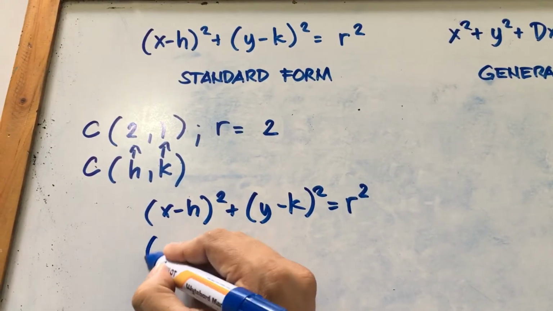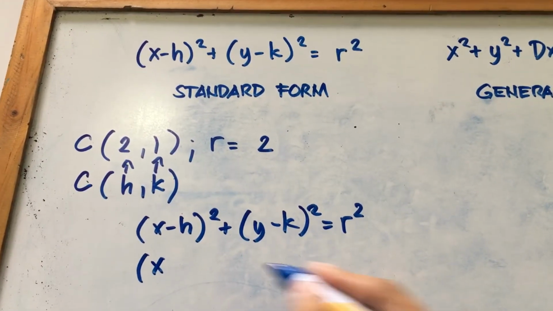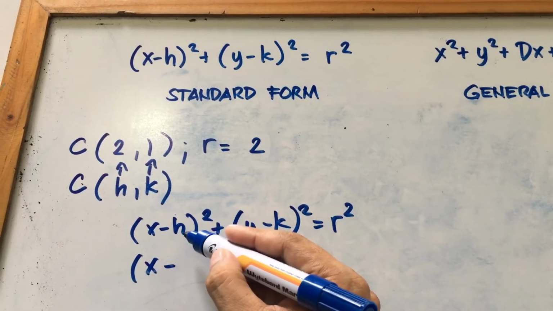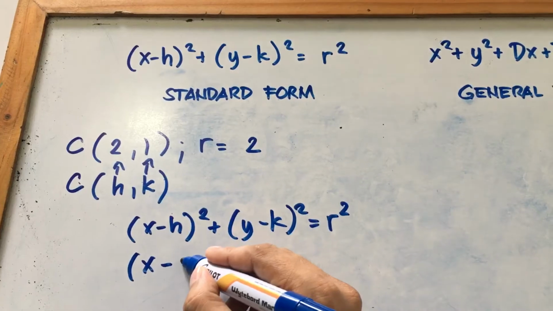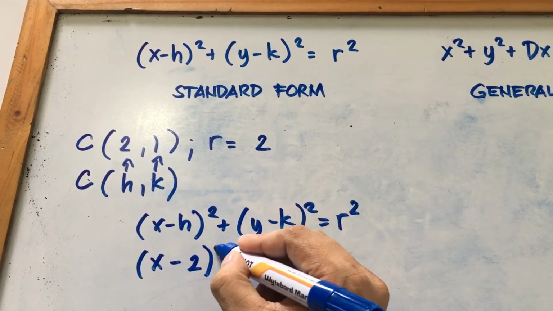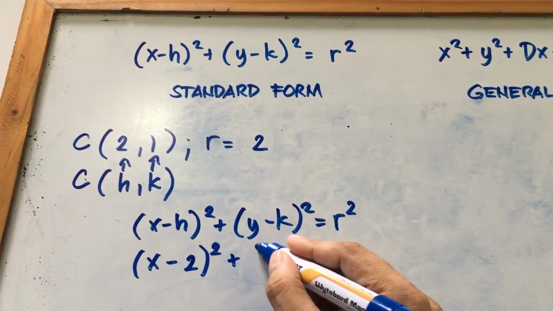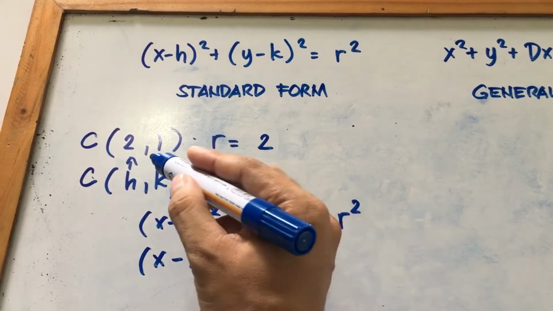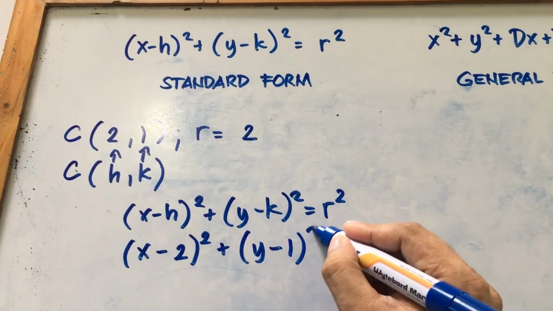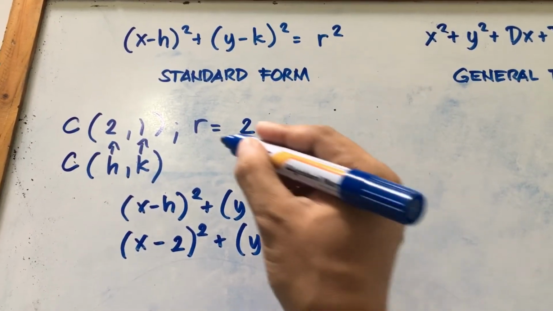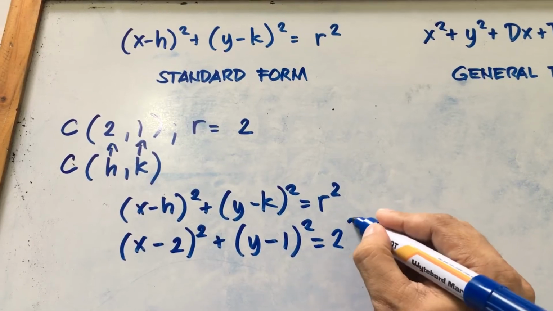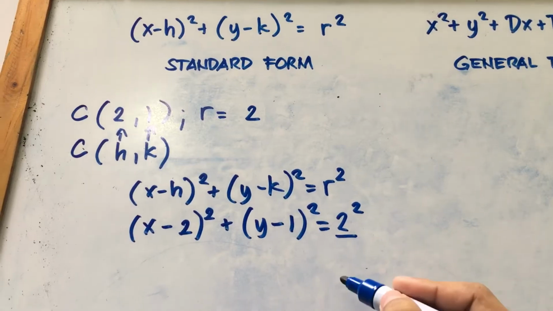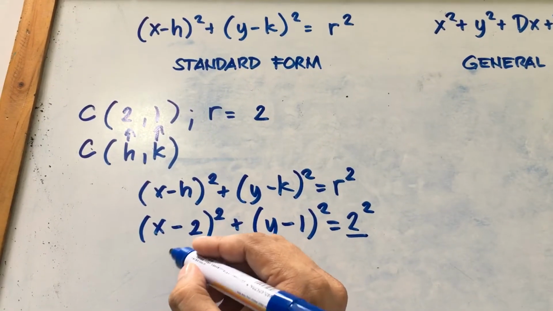So you have x, copy the minus sign, and your h is equal to 2, and then you put the squared, plus the y again, copy, minus the value of your k, which is 1, then squared is equal to, what is your r? That is 2. So that is 2 squared. Now we need to simplify the value of your radius, your r squared.